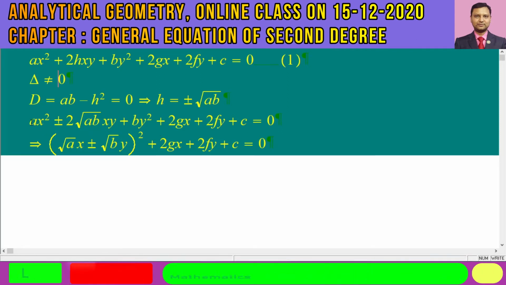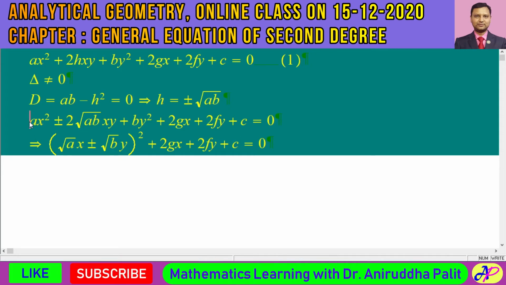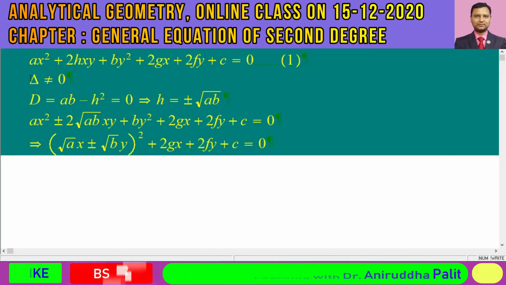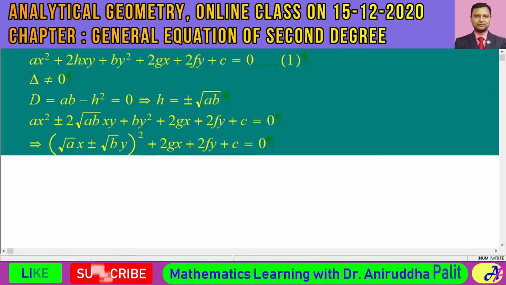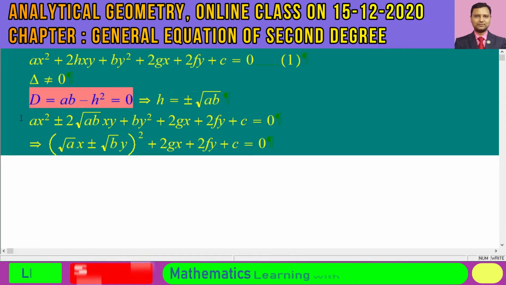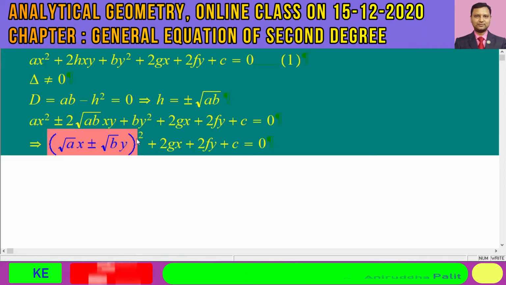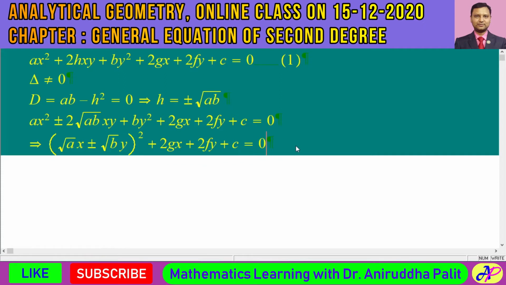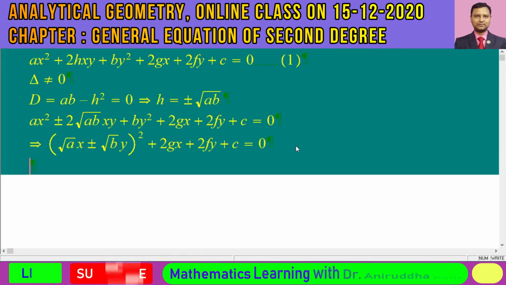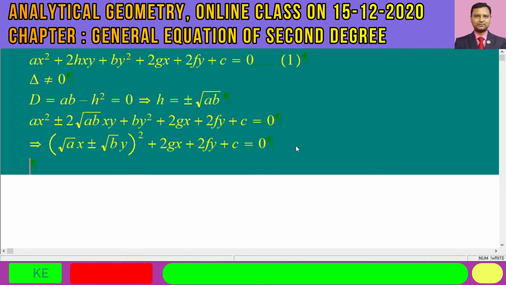So in both of these two cases, delta equal to 0 or delta not equal to 0, the result that d is equal to 0 would always imply that this expression is a perfect square. Now in order to explain or elaborate this matter, let us discuss two numerical examples, very easy kind of numerical examples.